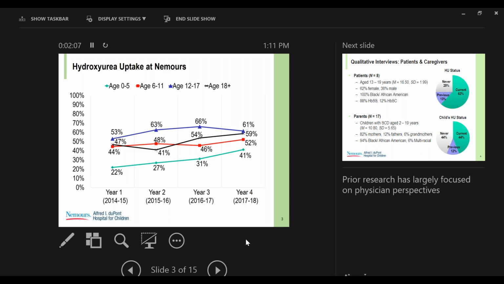So as you can see, we looked at four years from October 2014 through September 2018, and we picked this time period because there was a clinical practice change announced in September 2014.